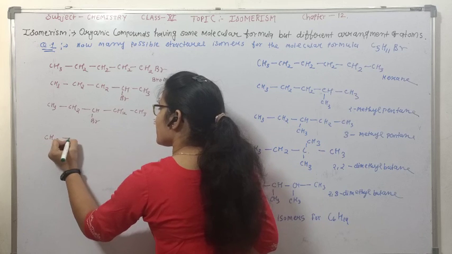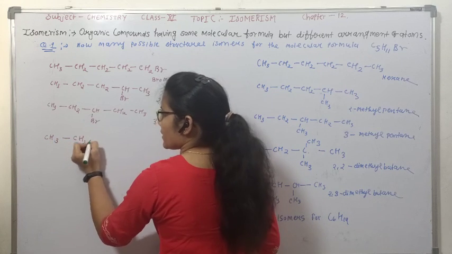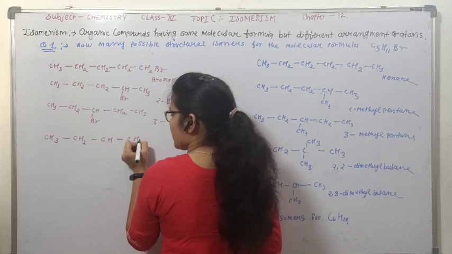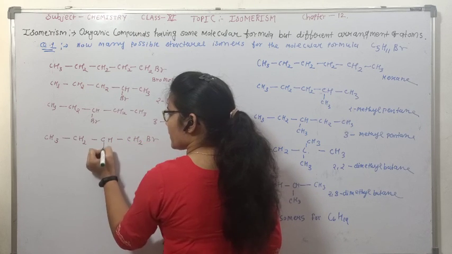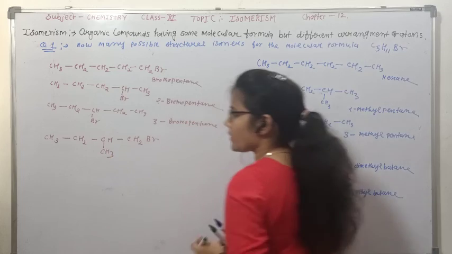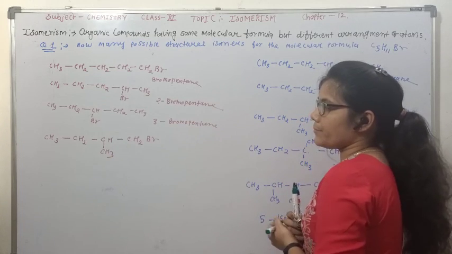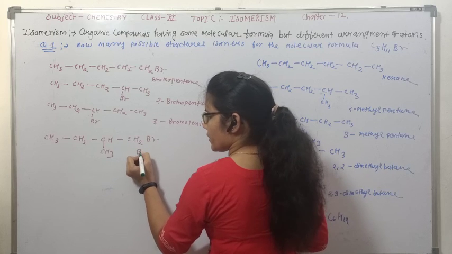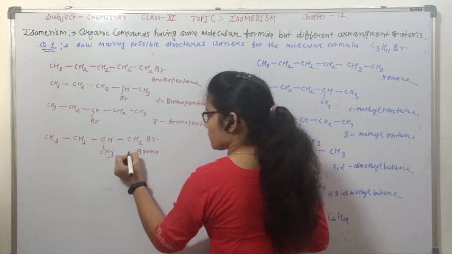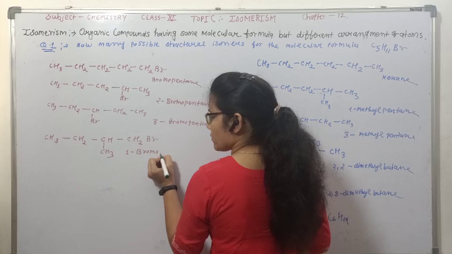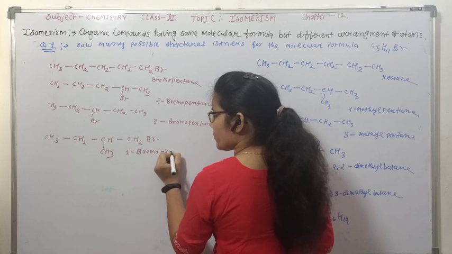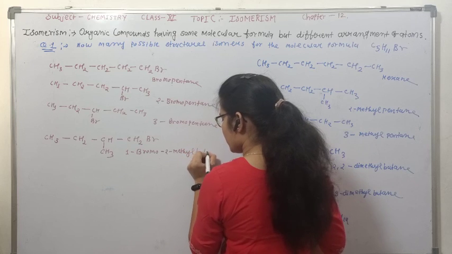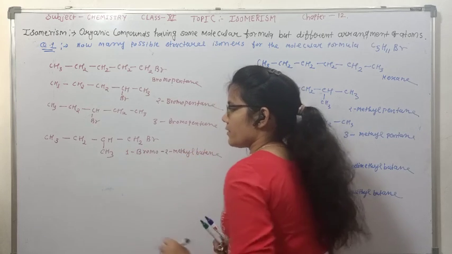Next one is chain isomerism. So we are reducing the chain, CH2Br, and this is CH. Now we have a 4 carbon chain here. This is 1-bromo-2-methyl butane. Okay.